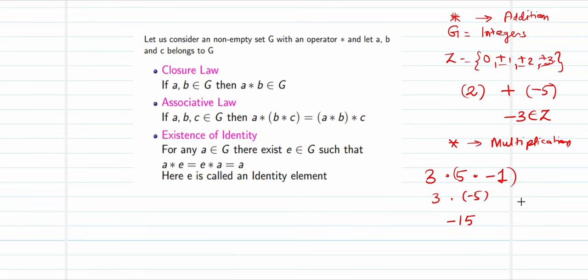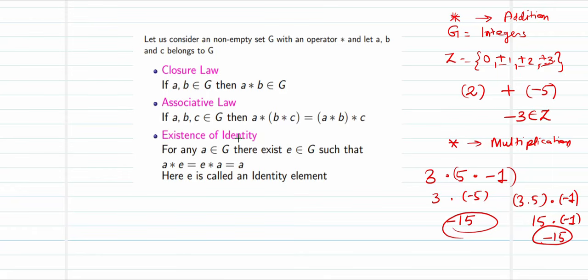And I try the other way round, where I first do the operation of 3 into 5 and then multiply by minus 1. So 5 3s are 15, with that of minus 1, which again lands up to be minus 15. So I now say that the associative law holds: A star B star C is the same as A star B star C regardless of bracketing.